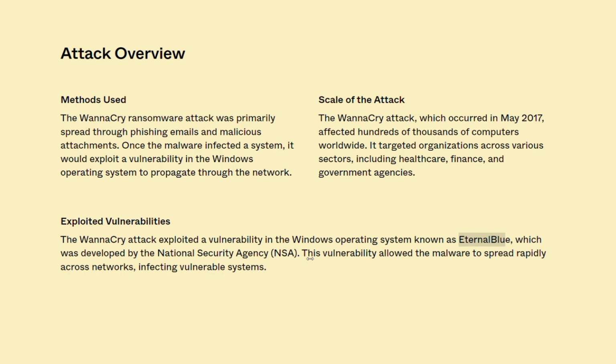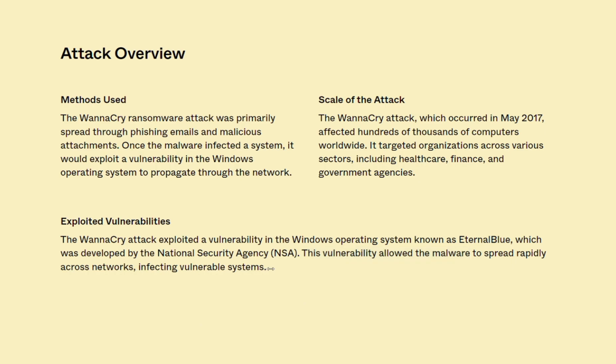This vulnerability allowed the malware to spread rapidly across the networks, infecting vulnerable systems.